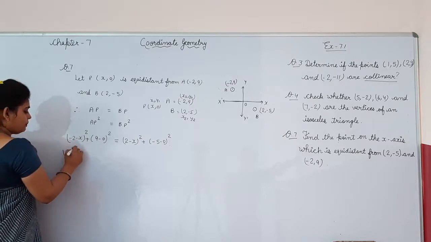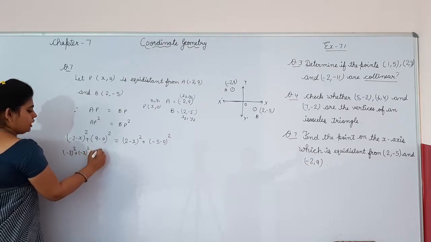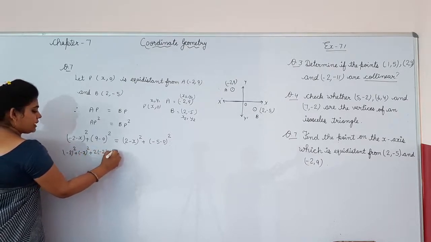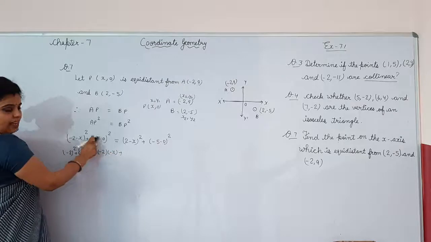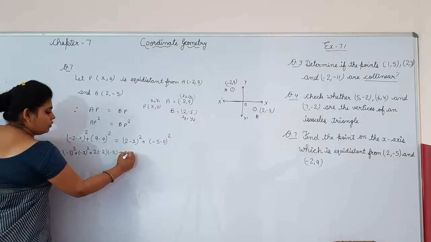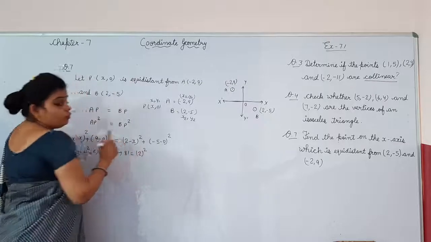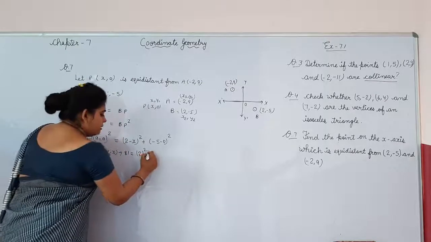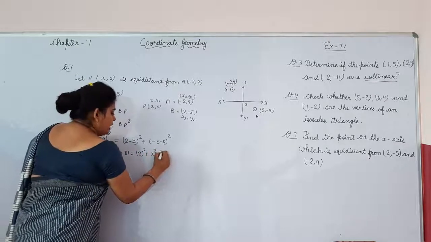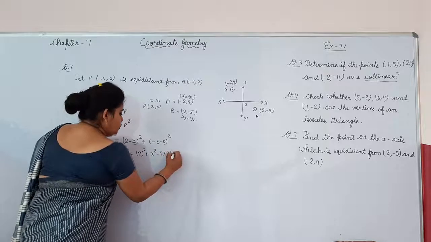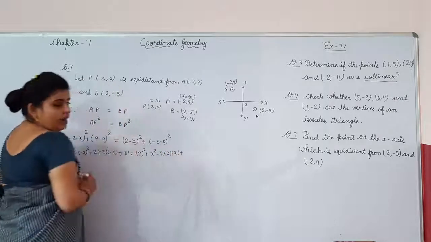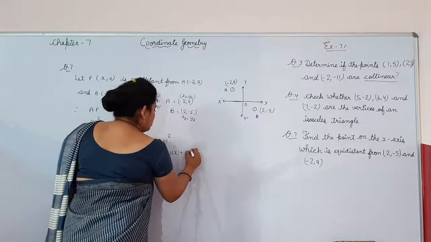Minus 2 square plus minus x whole square plus 2 into minus 2 into minus x, and it is 9 square, 9 square is 81. From this side it is equal to 2 square plus x square minus 2 into 2 into x plus minus 5 whole square.